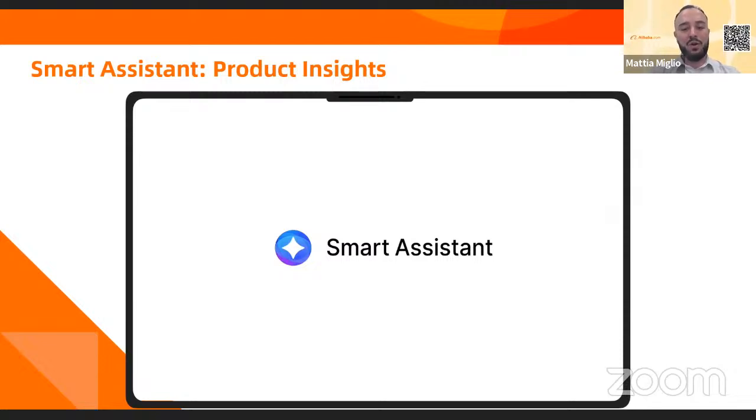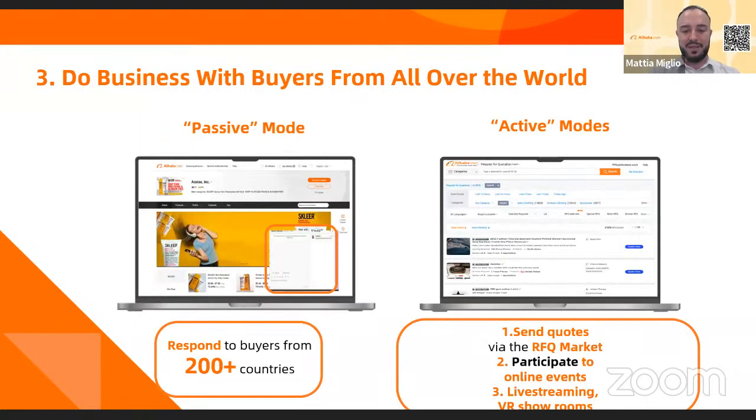Also, Alibaba.com sellers have the possibility to download the Alibaba.com seller app. You will receive a notification if a buyer is sending you an inquiry, or if some requests for quotation based on your filter are posted on our platform.